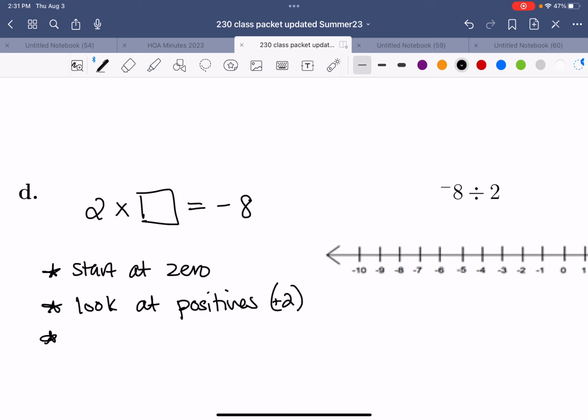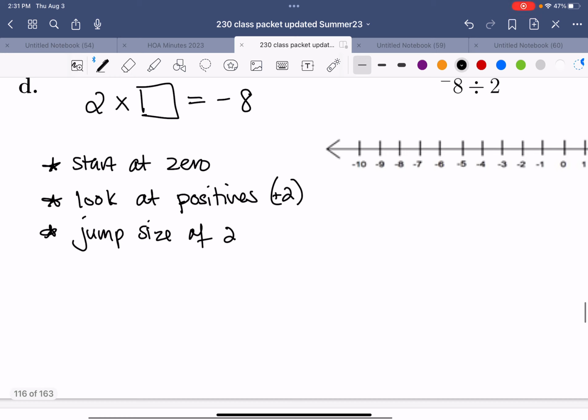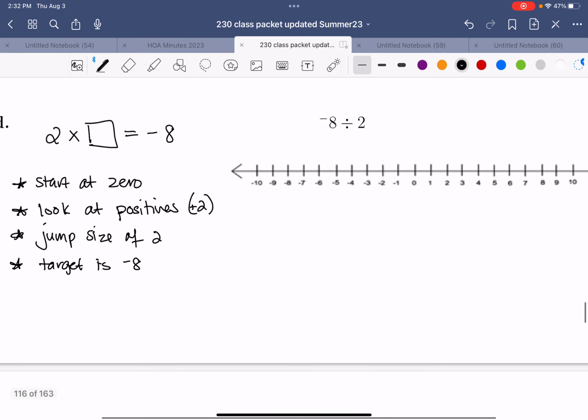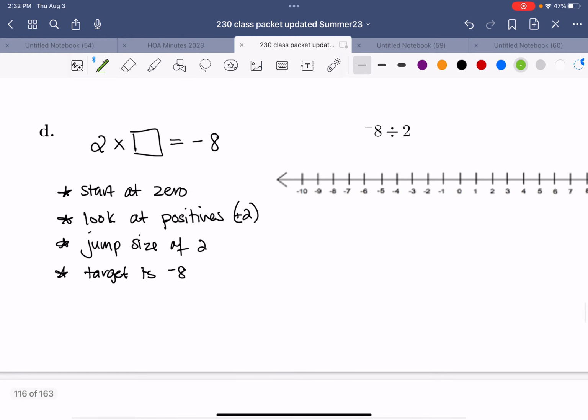We are going to have a jump size of 2. And our target here is going to be -8. Okay, so let's go ahead and set up our number line. I am putting my green dot on the 0. My red dot goes on the target, and that's -8.